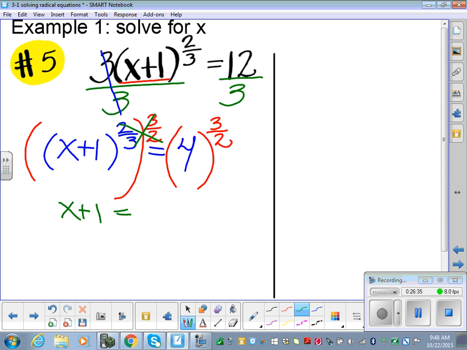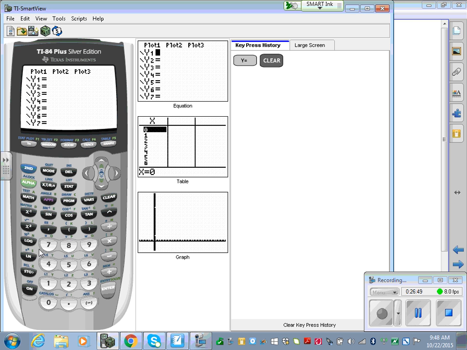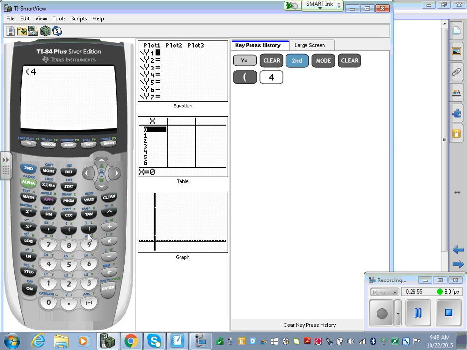Now, is it an even root? Yes, roots are on the bottom. That's an even number. So we've got to account for the plus and minus answer. This is where you'll take your calculator. I want to know, what is 4 raised to the 3/2 power? You put 4, then the exponent in parentheses.